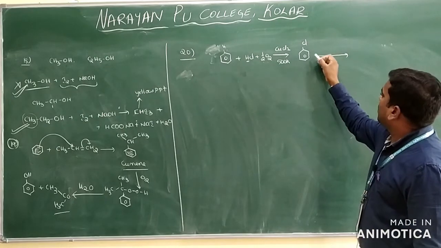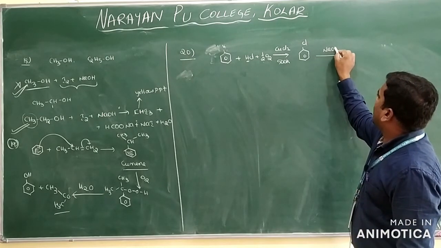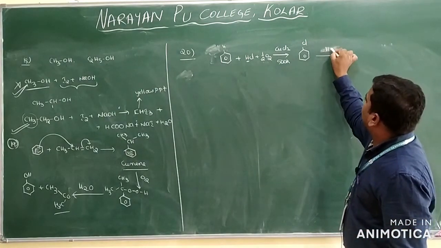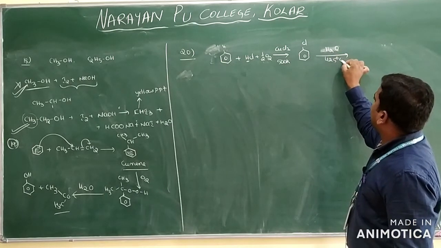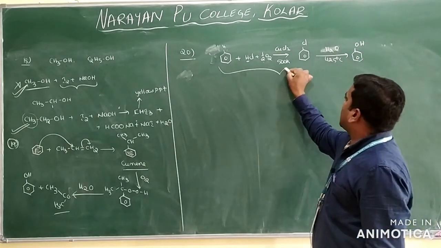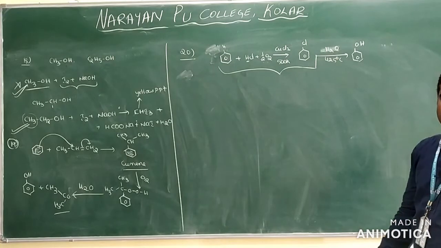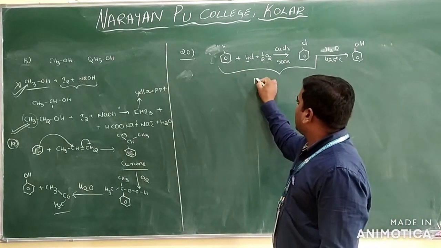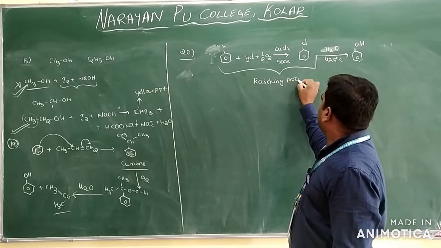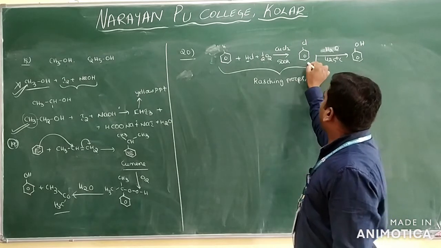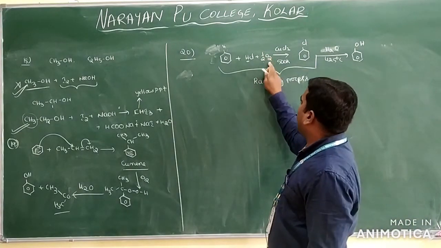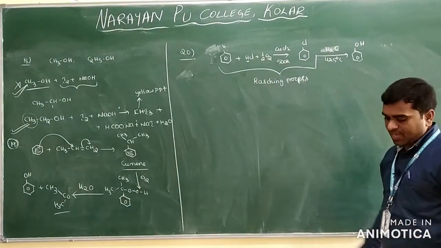After that we can use NaOH hydrolysis, Dow's process, or directly water at 425 degrees centigrade, and you will get phenol. The process up to chlorobenzene from benzene, using HCl and oxygen in the presence of copper salt, we call the Raschig process.